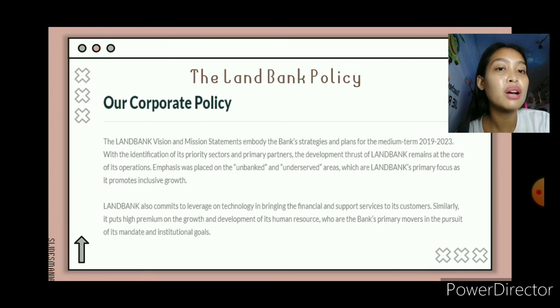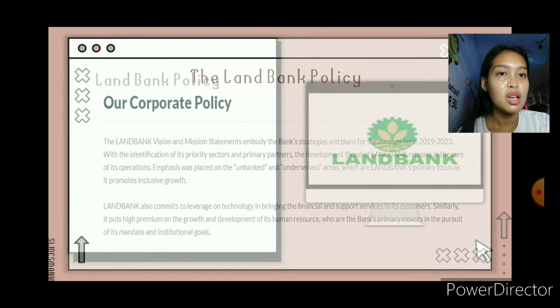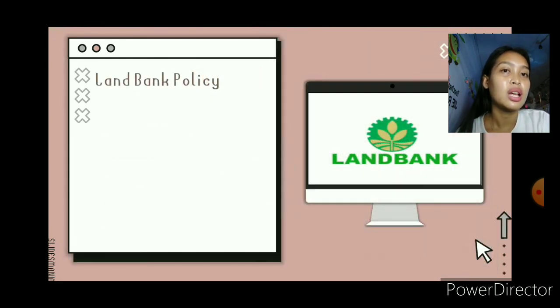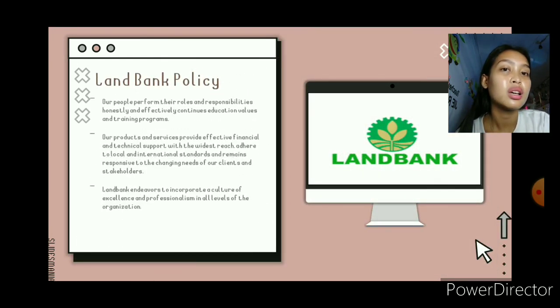Land Bank also commits to leverage on technology in bringing the financial and support service to its customers. Similarly, it puts high premium on the growth and development of its human resource, who are the bank's primary movers in the pursuit of its mandate and institutional goals. So the Land Bank policy is here.